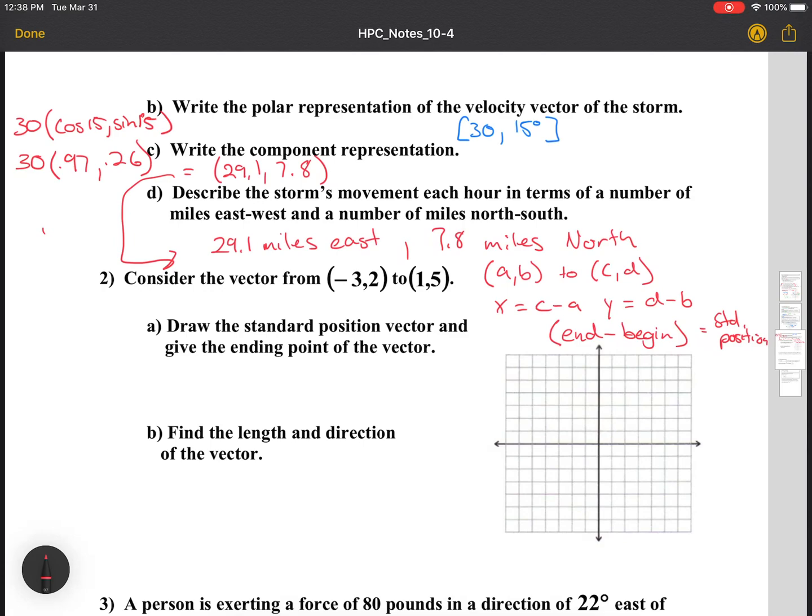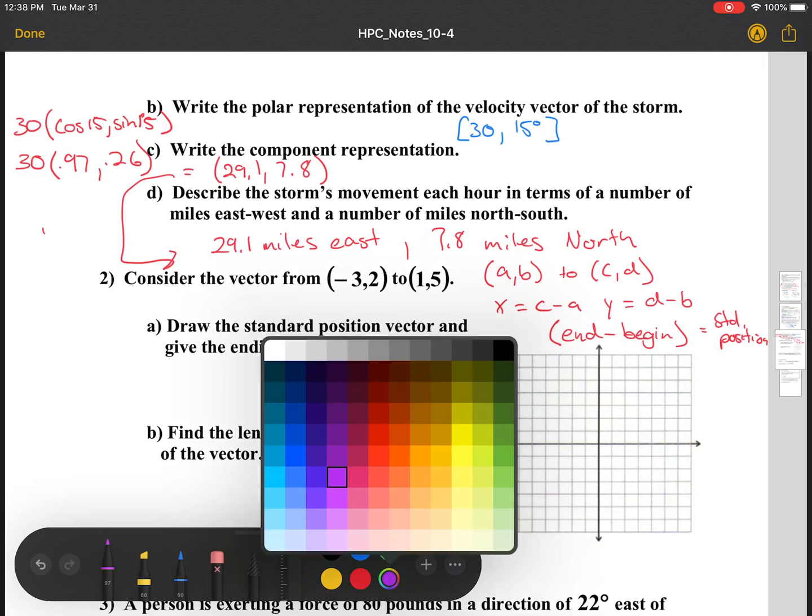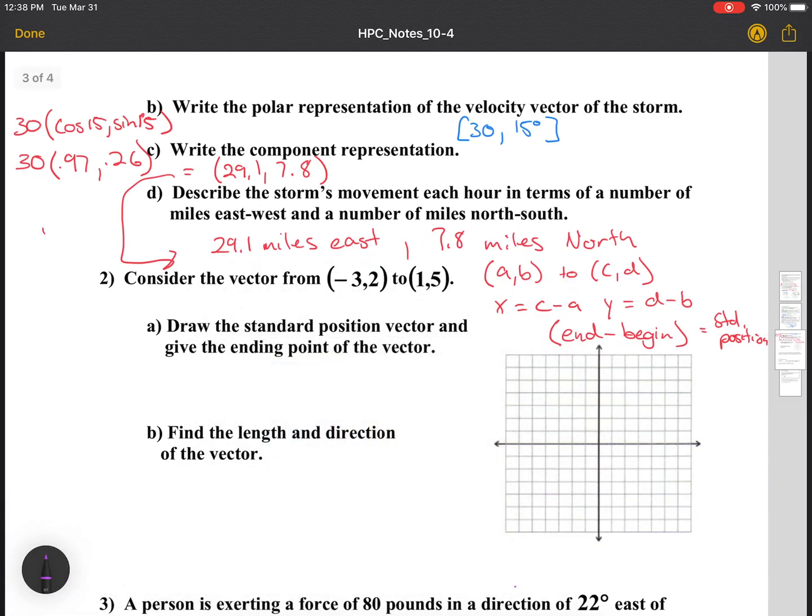So when we do that little equation we just talked about, we got 1 minus negative 3 for our x values, and we got 5 minus 2. That should give us 4, 3.